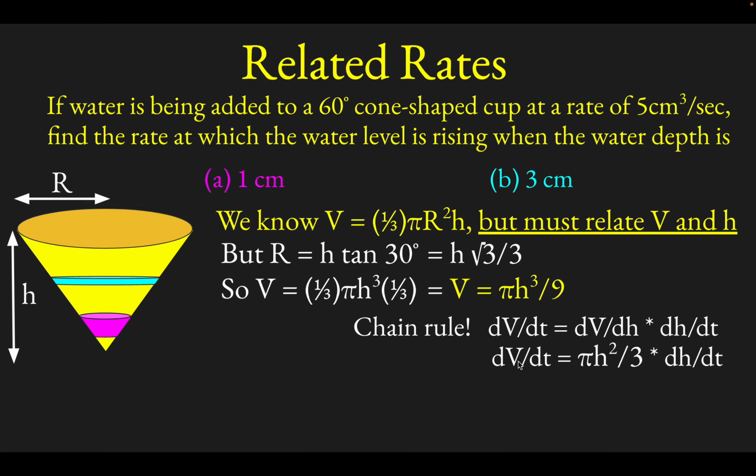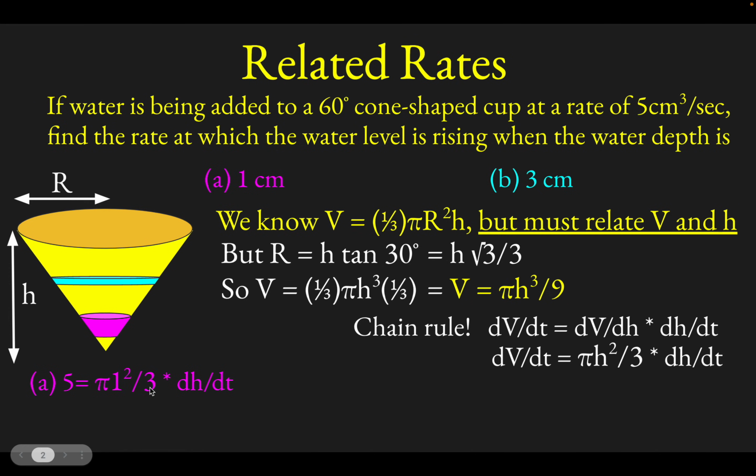Well, so we have this expression relating the rate of change of volume to the rate of change of the height. We're given the rate of change of the volume. It's 5 centimeters cubed per second. So we're just going to put a 5 in for dV/dt. And then the only unknown is going to be dH/dt. So we've basically solved the problem. Let's do it for these two cases. In part A, we have dV/dt equals 5 equals pi times, the height is just 1 because the water is supposed to be 1 centimeter deep at the beginning, 1 squared over 3, dH/dt.